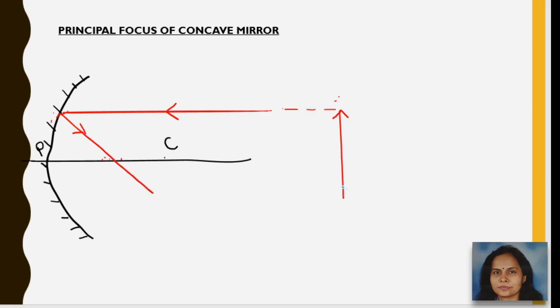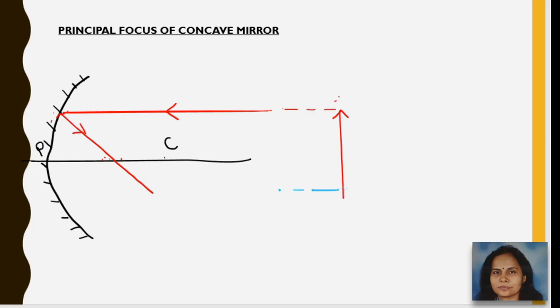Now we need to draw another incident ray also, because, as you will study later in this chapter, to form an image we need the intersection of at least two reflected rays. So here I am drawing the second incident ray using a different pen, so it will be clear to all of you.